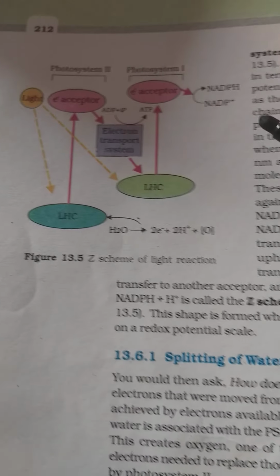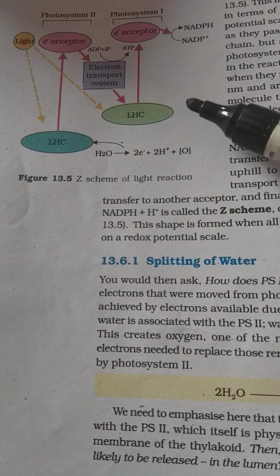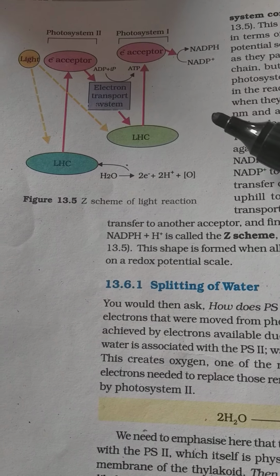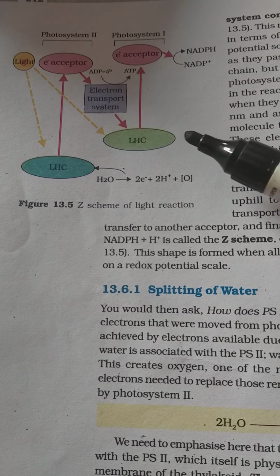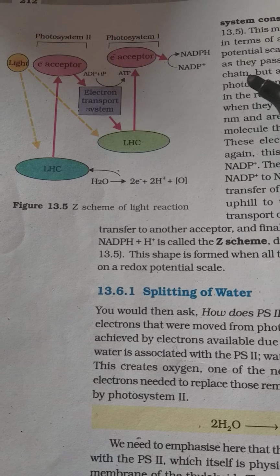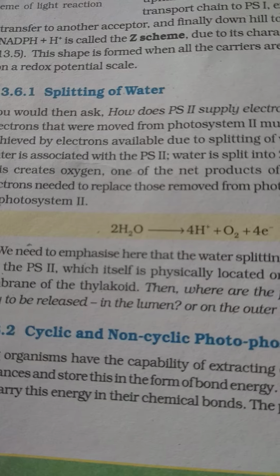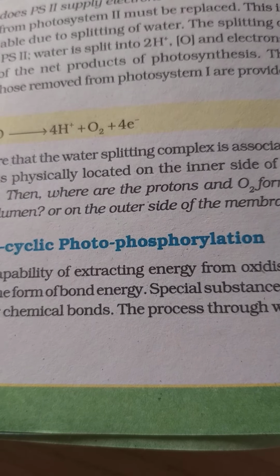You know what a redox reaction is? In a reaction, one reactant gets oxidized and another gets reduced. Oxidation is loss of electrons, and reduction is gain of electrons. In the next video we will be dealing with photophosphorylation.